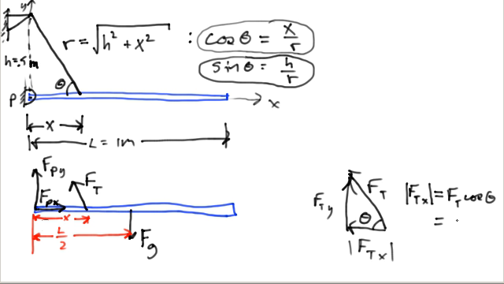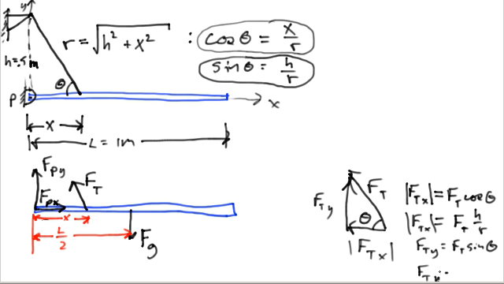So this becomes FT times H over R. And then FTY is equal to FT sine theta. I don't think I'm going to need that, but might as well be complete here.